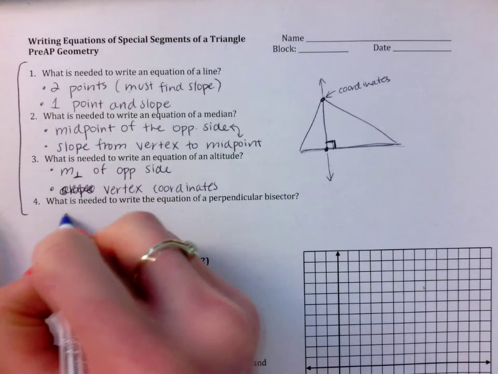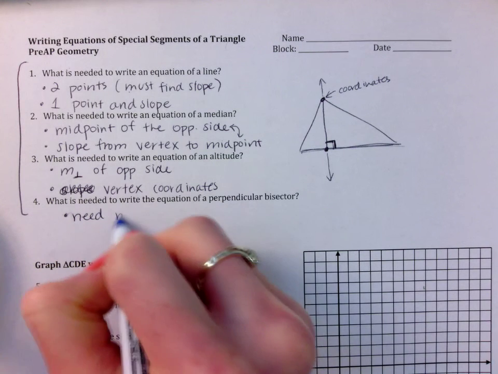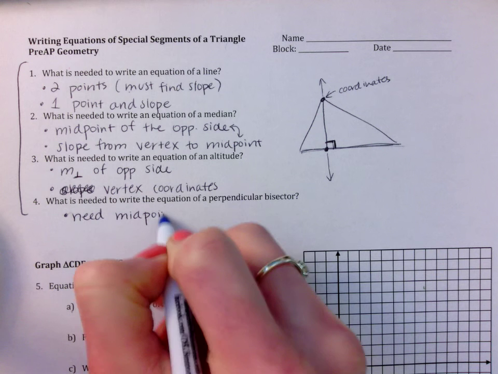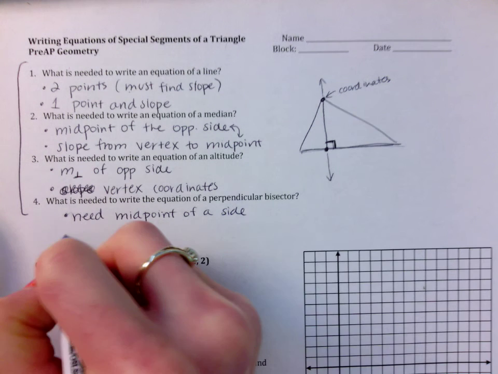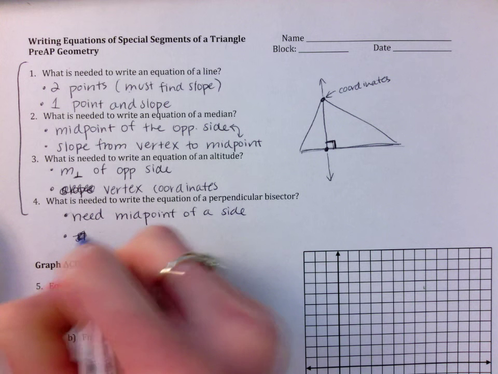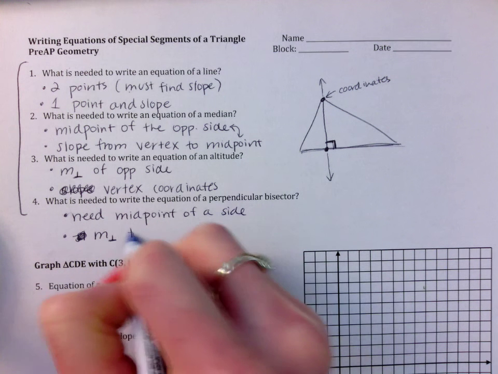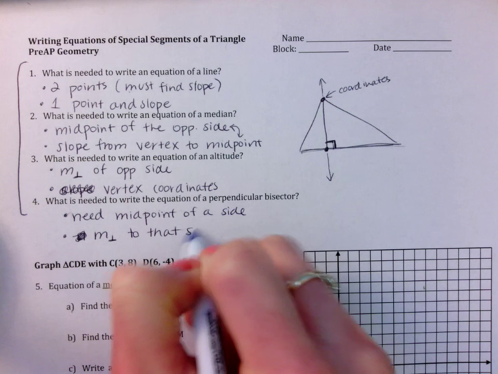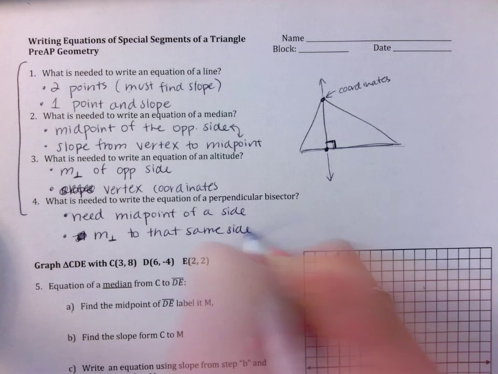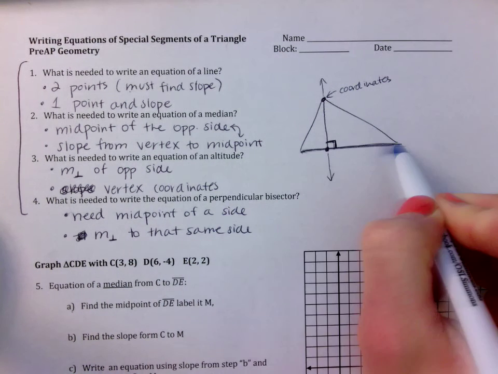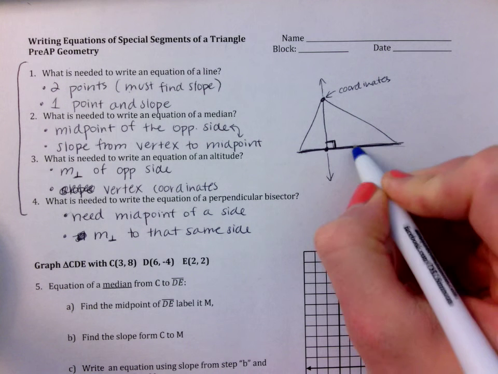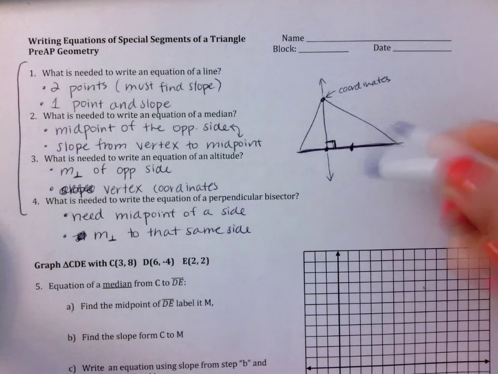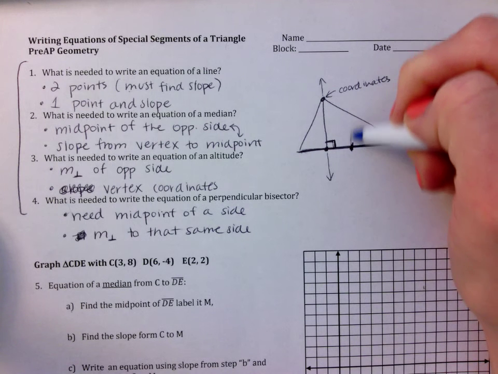Okay, and last but not least, if we want to find the perpendicular bisector, all you have to do is you need the midpoint of a side, and then you need the perpendicular slope to that same side. So in other words, if we were doing the perpendicular bisector to this side, we would need to find the midpoint, and then we would have to find the slope perpendicular to that side.